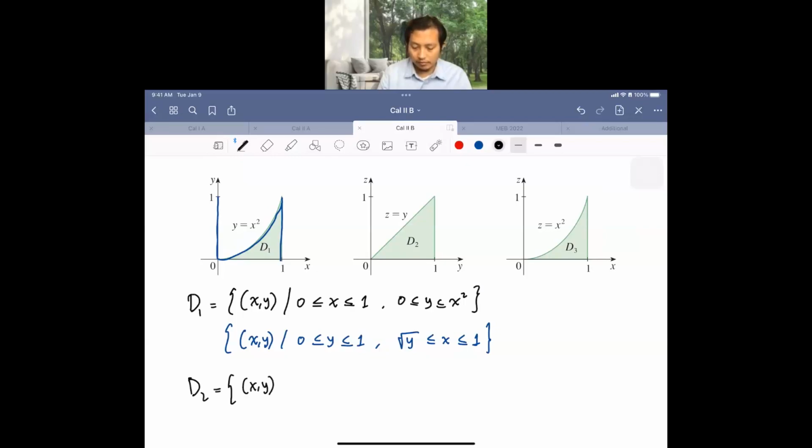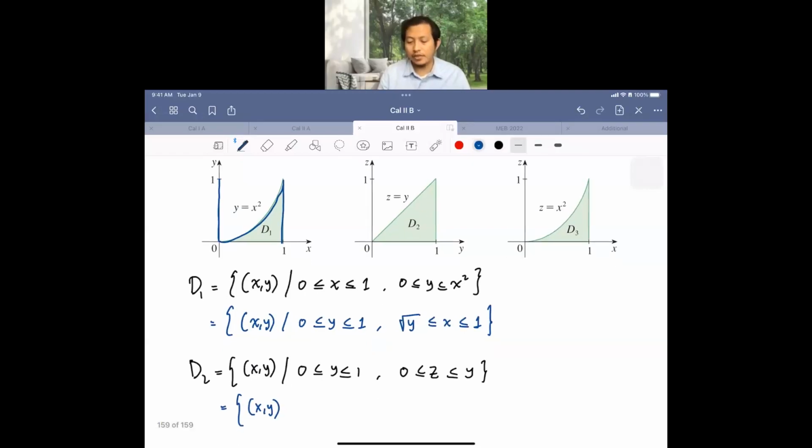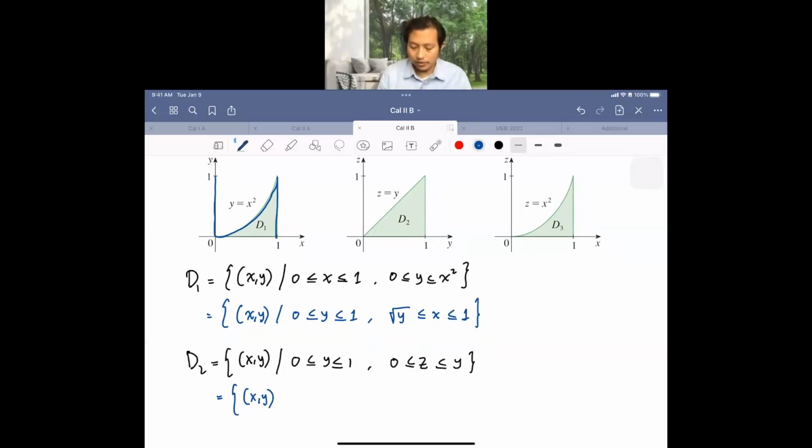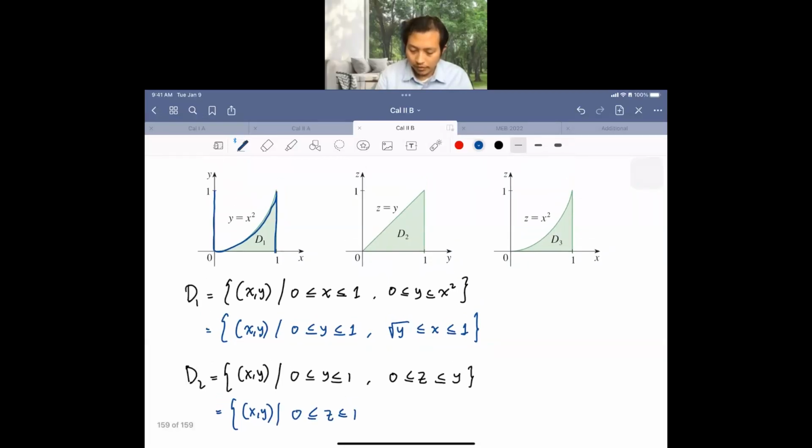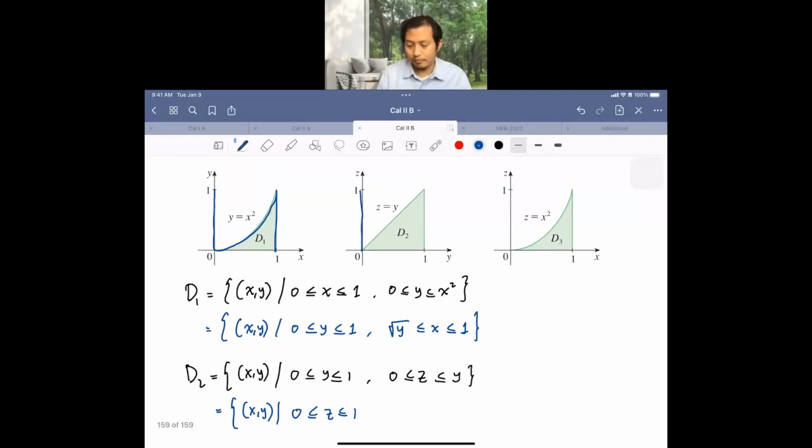And let's say for D2, this starts from y and then z. Okay, let's say we start from z as our outside integration. So z starts from 0 to 1, okay? And then y will start from this line here.